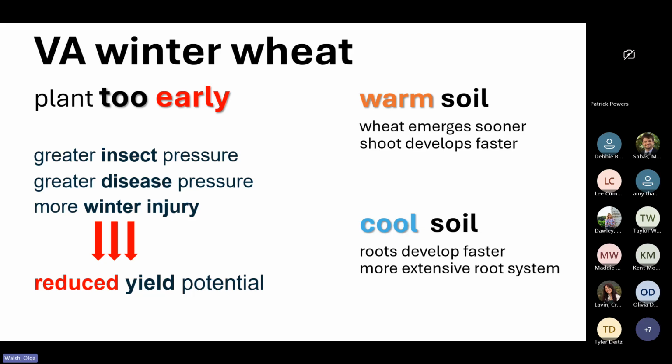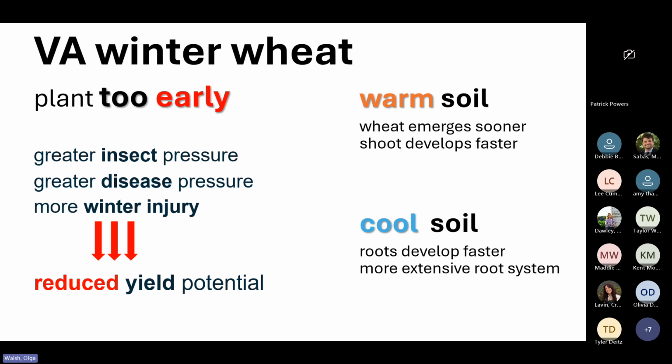And because the plants are developed more than they should be, the growth stage is more advanced than it should be, a lot of times wheat is not able to handle the winter temperatures, and that may result in a greater risk of winter injury.